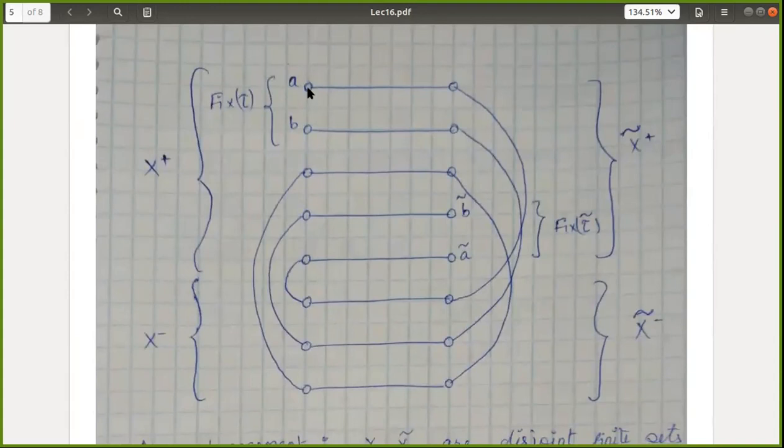So started with a fixed point of x plus, which is a fixed point of tau, okay? And you went on in circle, circle, circle until you ended in a fixed point of tau tilde, okay? So the other vertices in this path would never intersect with the cycles which would appear when you have started with an element which is not a fixed point, which I just explained, okay?